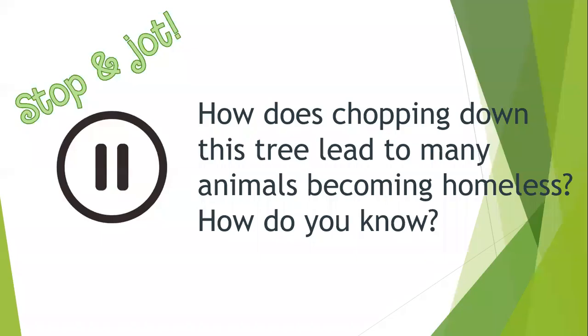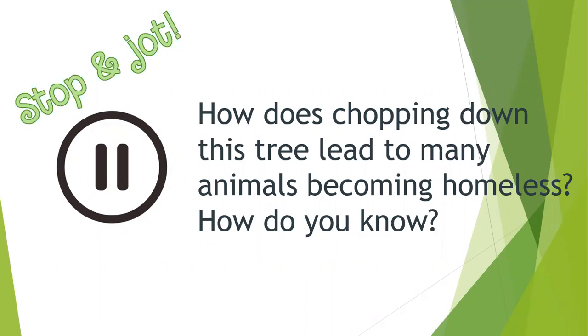Let's think about that. Our tree frog says that if he chops down the tree, he will leave many animals homeless. Guys, how does chopping down this tree lead to many animals becoming homeless? And how do you know? So you're using evidence from the other pages.